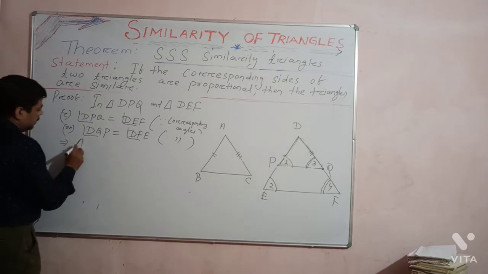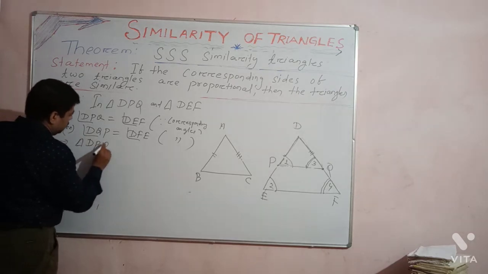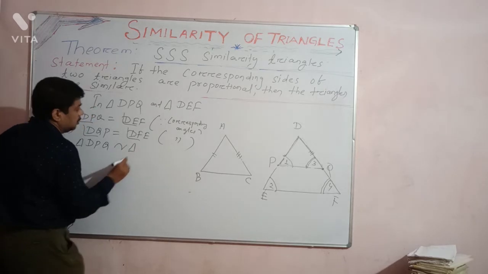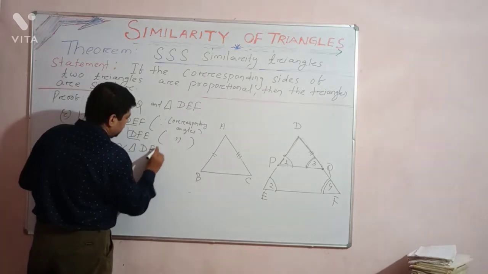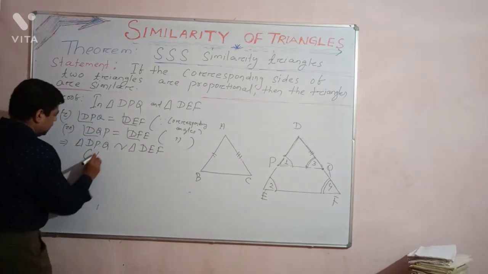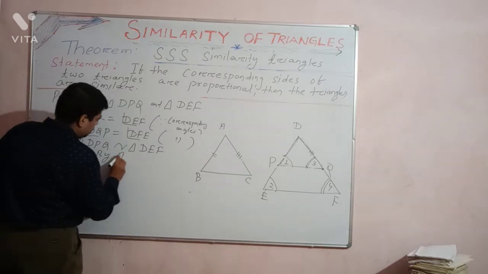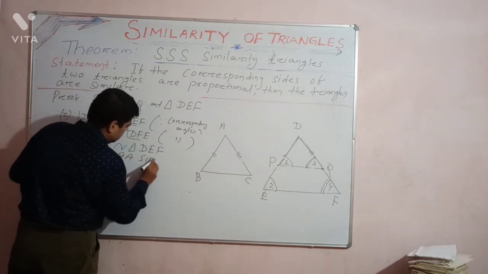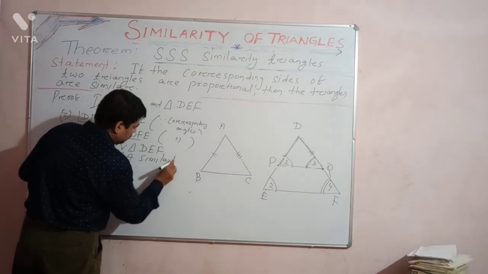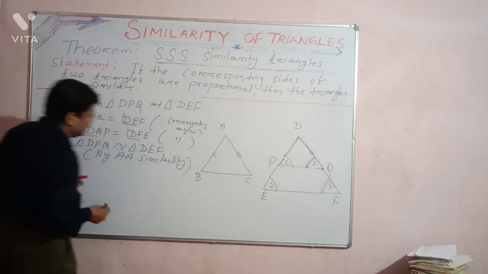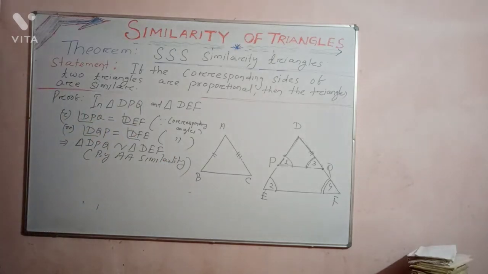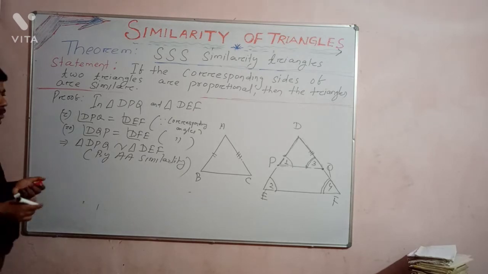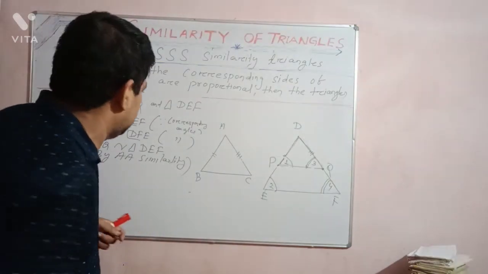So triangle DPQ is similar to triangle DEF by the angle similarity criteria of triangles.